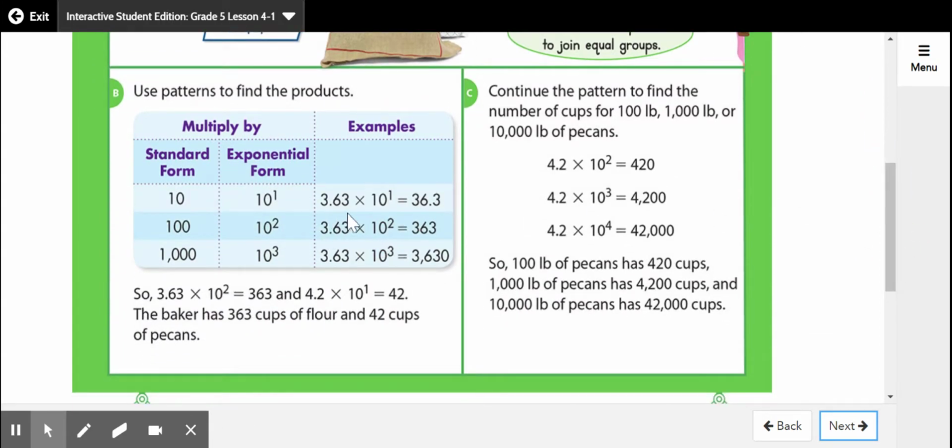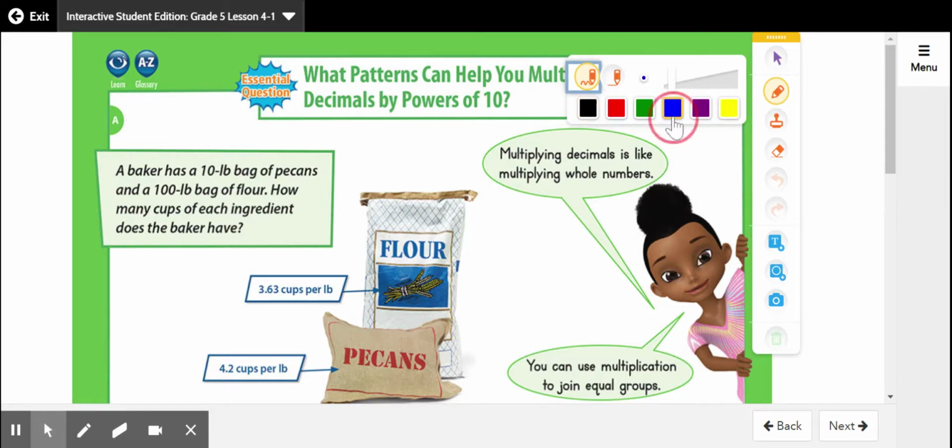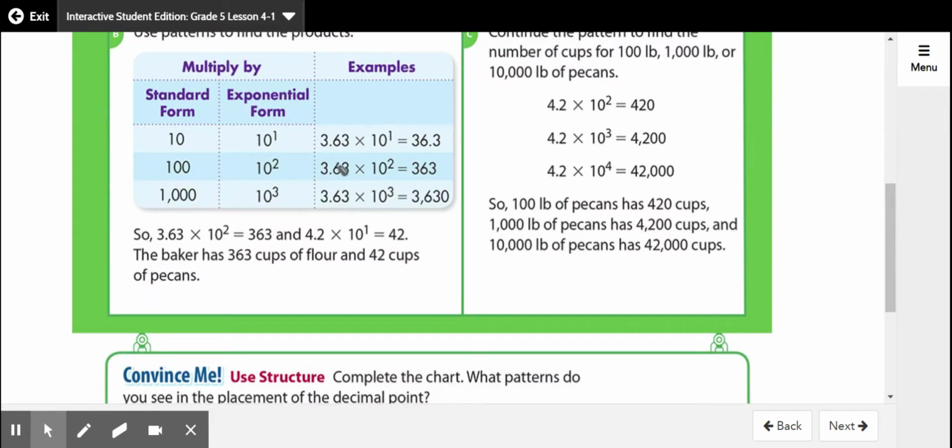So 3.63 times 10. Now you see we moved the decimal to the right. Let me go ahead and use a different color this time. So we times something by 10, so we move the decimal to the right. So they got the same thing, 36.3.